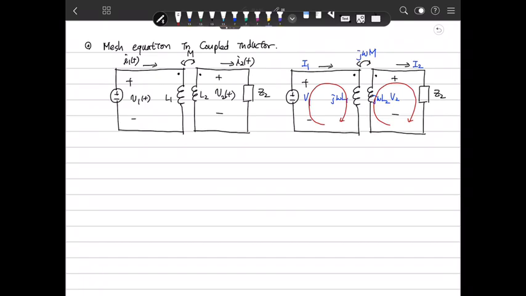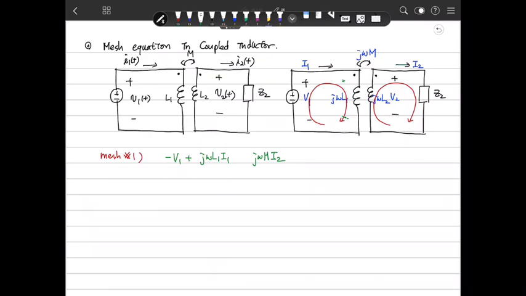So we make the first mesh, mesh 1. Then at first we have minus V1 and plus this voltage here. What is the voltage of that? That is jωL1 I1, and because of the mutual we have another term jωM I2, but we need to know the direction of that.